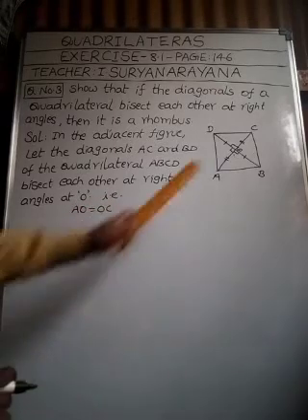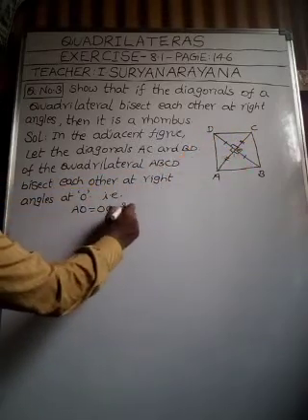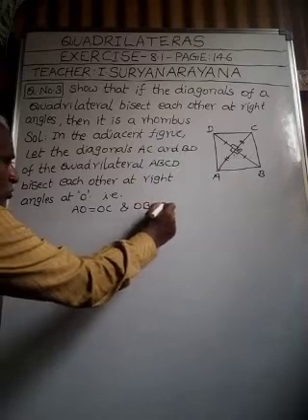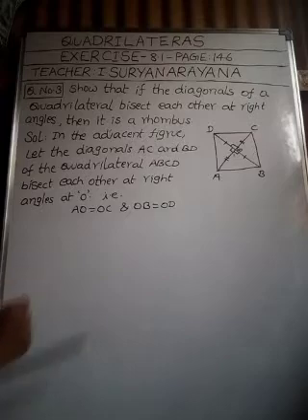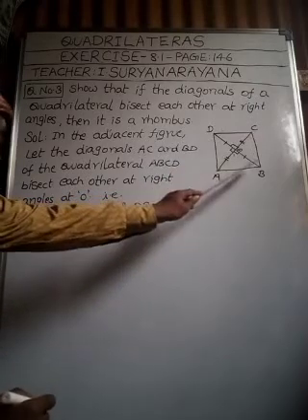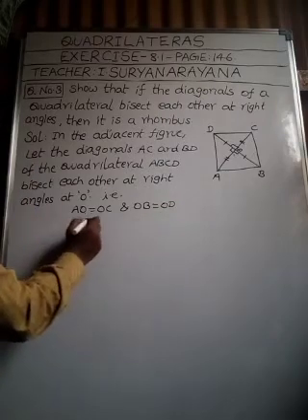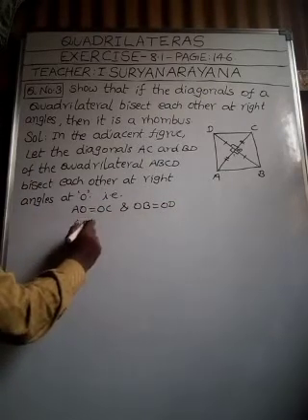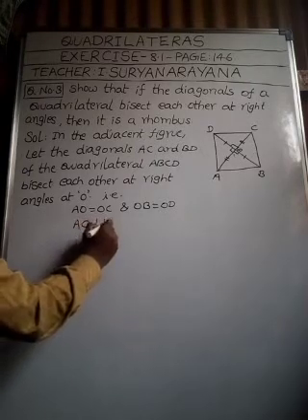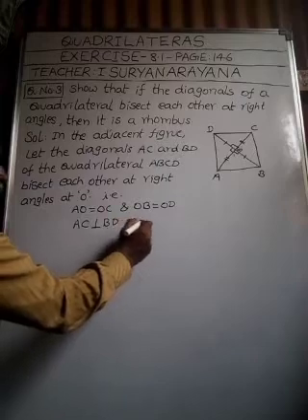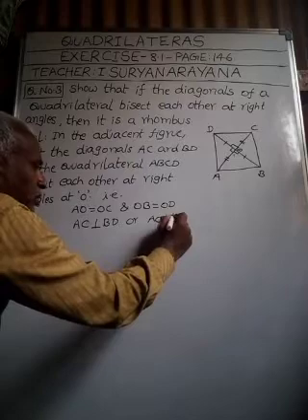AO is equal to OC, and OB is equal to OD. And AC is perpendicular to BD, or AO is perpendicular to BD.